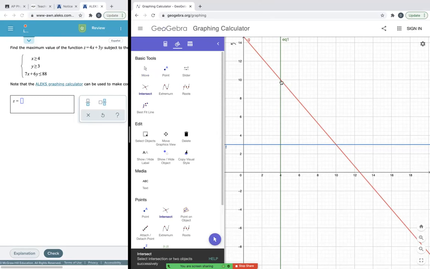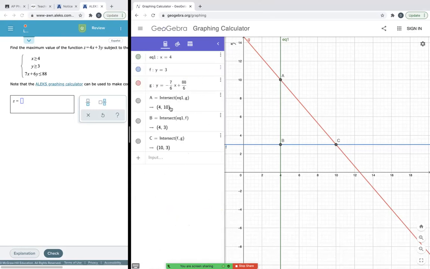This can be done on your calculator, but this is a rather user-friendly website. I can point to the intersections that are in the region I'm interested in. And notice they label them A, B, C. I go back to the algebra section, and I now have the coordinates of the vertices of that solutions region. And I'm going to write that down.